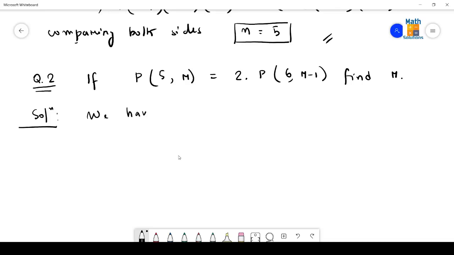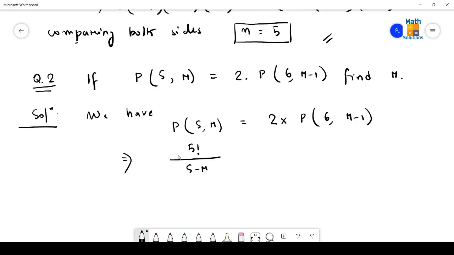We have P 5 comma r is equal to 2 into P 6 comma r minus 1, using the formula for permutation, like 5 factorial divided by 5 minus r factorial is equal to 2 into 6 factorial by 6 minus r minus 1 whole factorial.